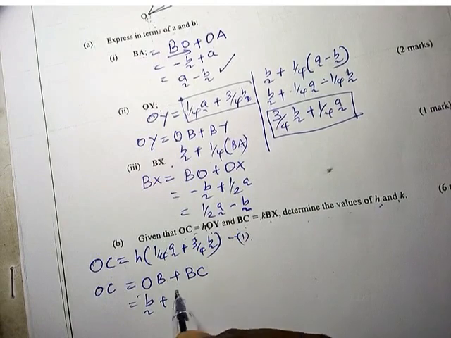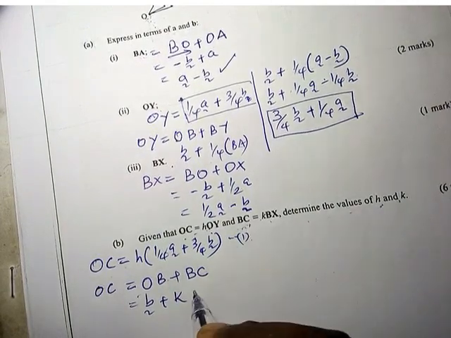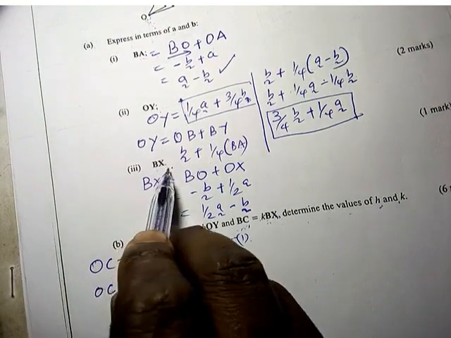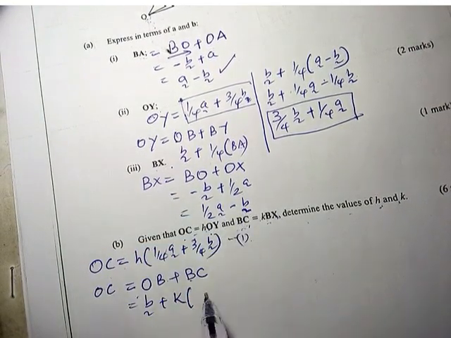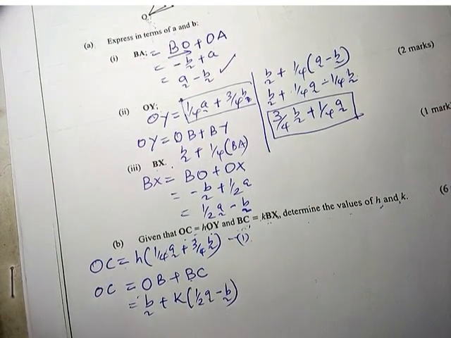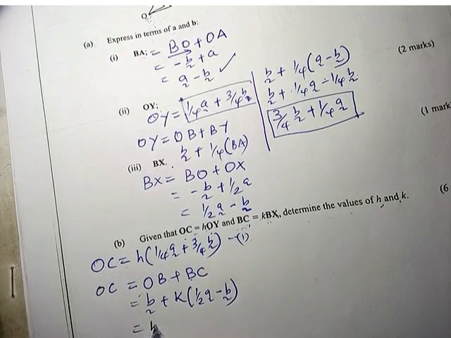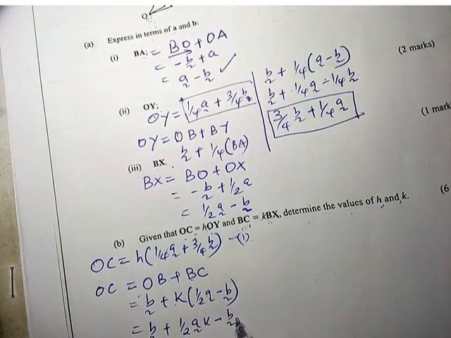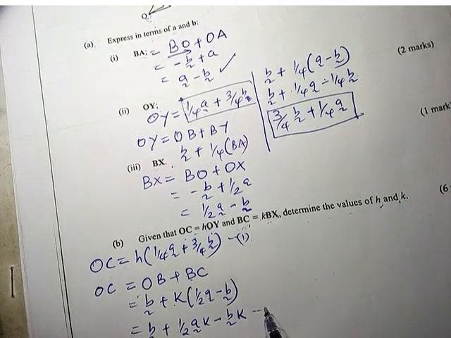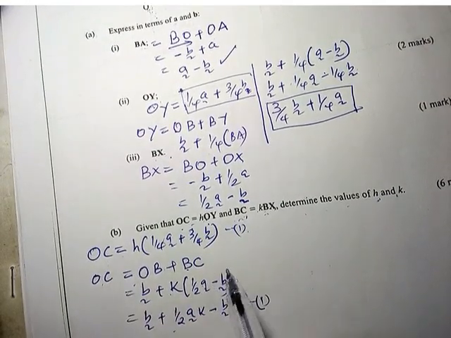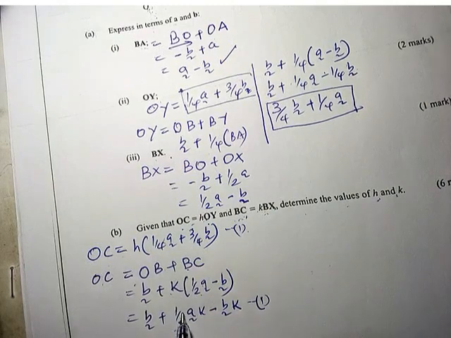But BC is K into BX. But we have BX. Our BX is a half A minus B. So we are going to have B plus, this time, a half vector AK minus vector BK. So this is another way of expressing OC. But OC is OC, so they are the same. We are going to equate this and this one.